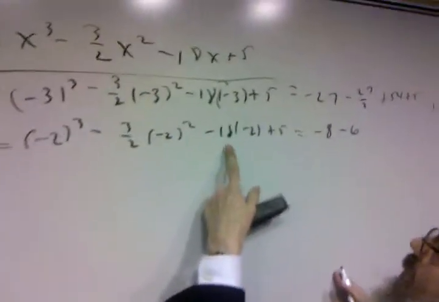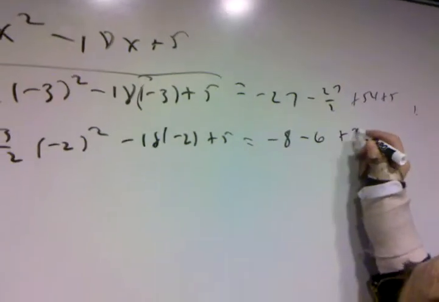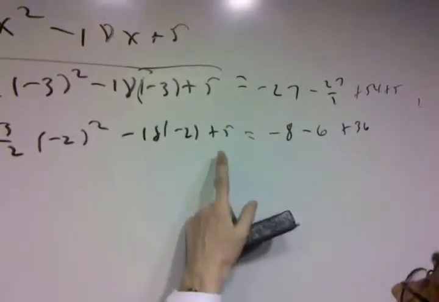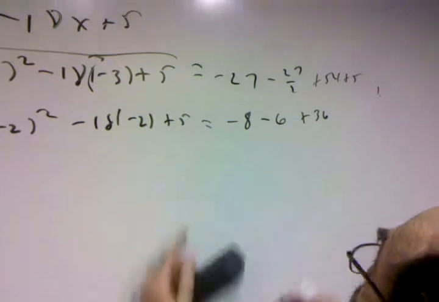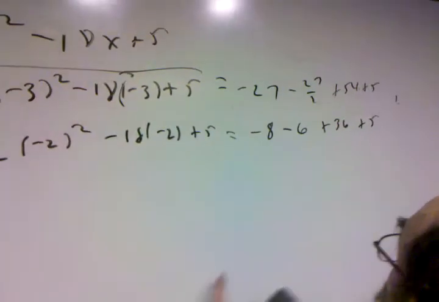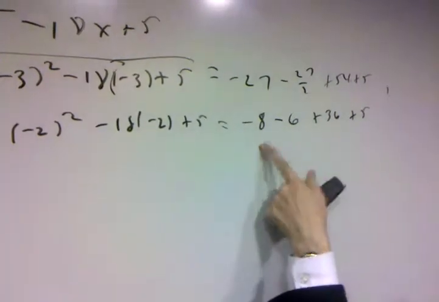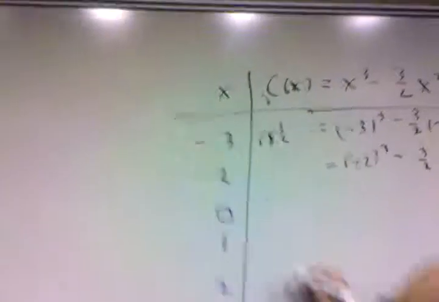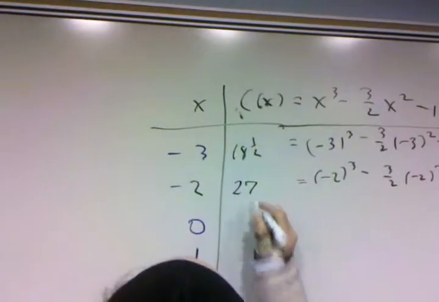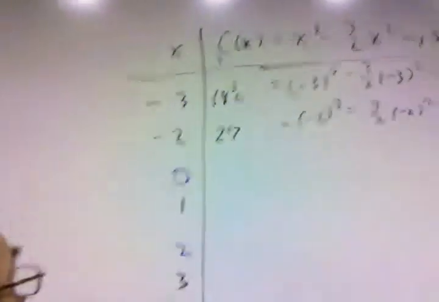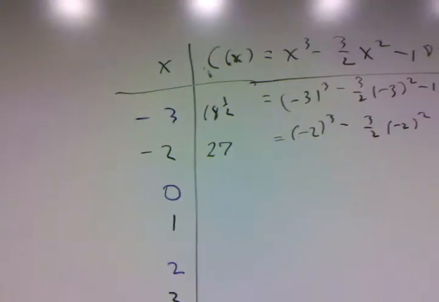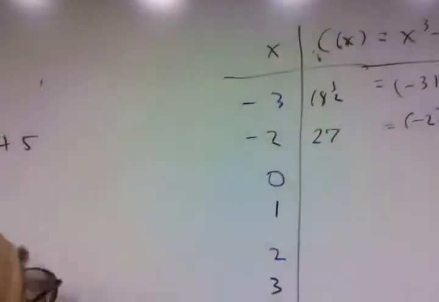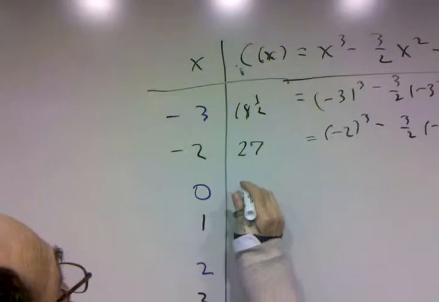Minus 18 times negative 2 is plus 36, and plus 5. So this is 41 minus 14, which should be 27. So I have a 27 right here. I put in 0 for x. I obviously get c of x is 5.